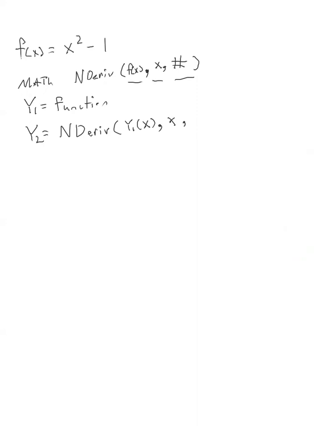And here, what number are we going to plug in? Well, instead of a specific number, like 5 or -1, I want it to take the derivative at any possible input x. So with this setup, if y1 is equal to my function, and y2 is the nDeriv of y1 comma x, it will graph the derivative of the function for us. It will not tell us what that derivative is, but it will at least graph it.